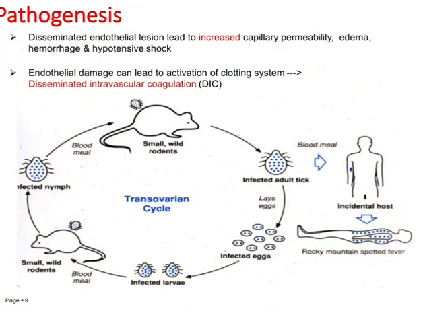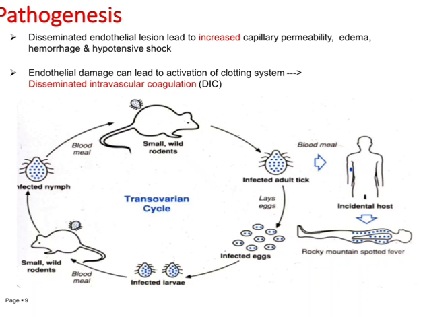The pathogenesis is clearly depicted here. The infected adult tick is the vector of this bacteria. In small wild rodents, the infected adult tick is released from their body. They lay eggs, and the eggs are also infected.